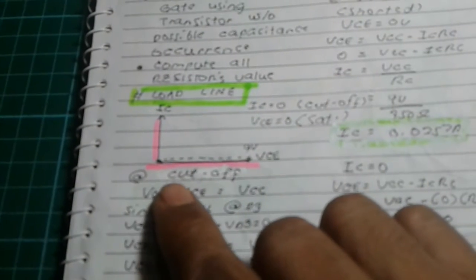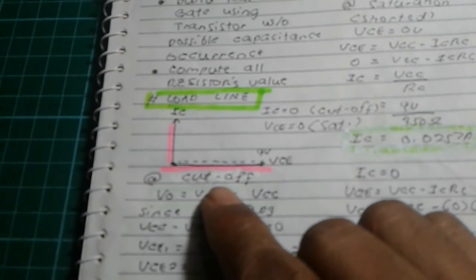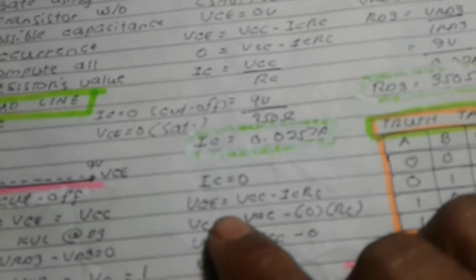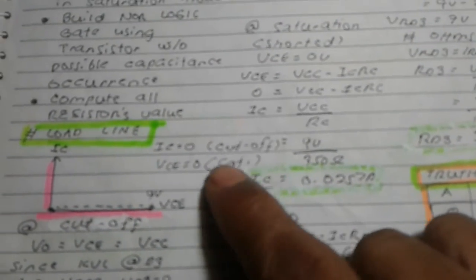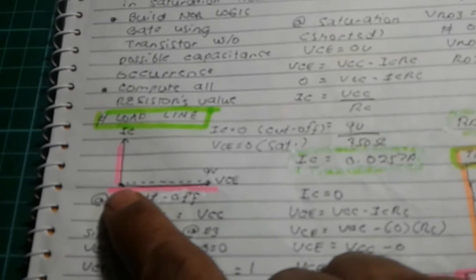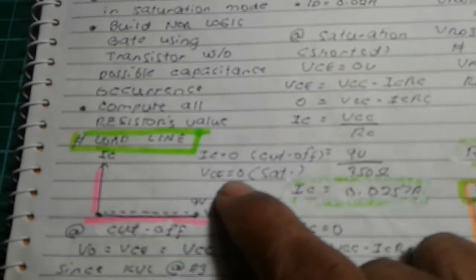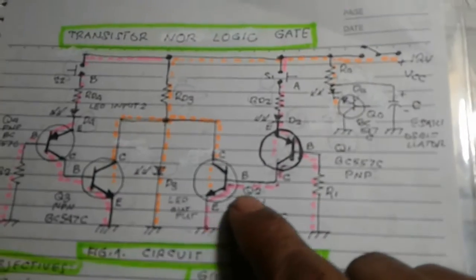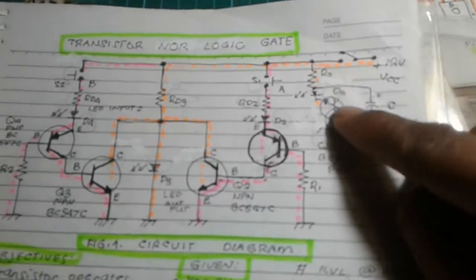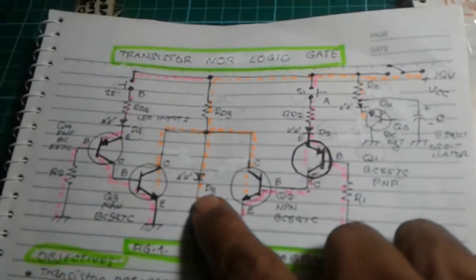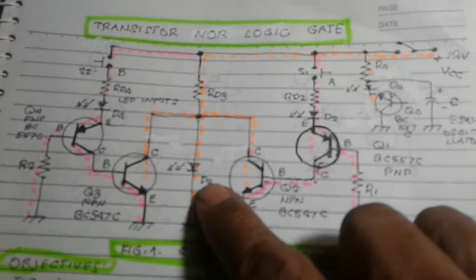So when in saturation mode, the load line of the transistor is, during cutoff, IC is equal to 0, and during the saturation mode VCE is equal to 0. So there's no collector current during the cutoff. That's why current only flows from the oscillator and to the load line, or I mean to the center output.